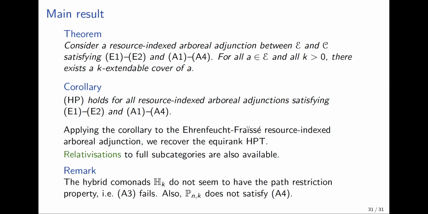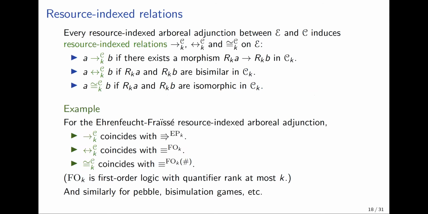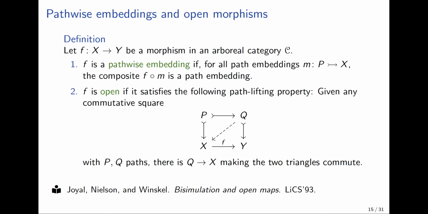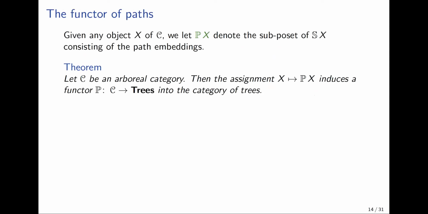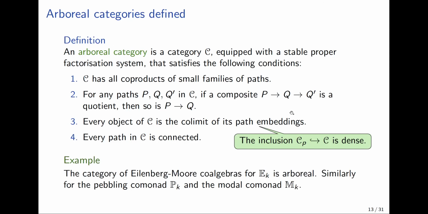I have, I think, a very naive question. It's about the definition of arboreal category. It's the property about the quotients that when you have a commuting triangle, if the diagonal is a quotient, then so is the first one.